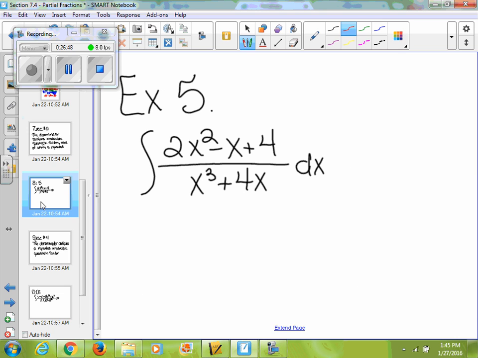There's 4, but we're going to do an example for case 4, because case 4 is just like case 2 and 3 squished together into 1. Okay, so if I look at this integral, I have 2x squared minus x plus 4 over x cubed plus 4x.